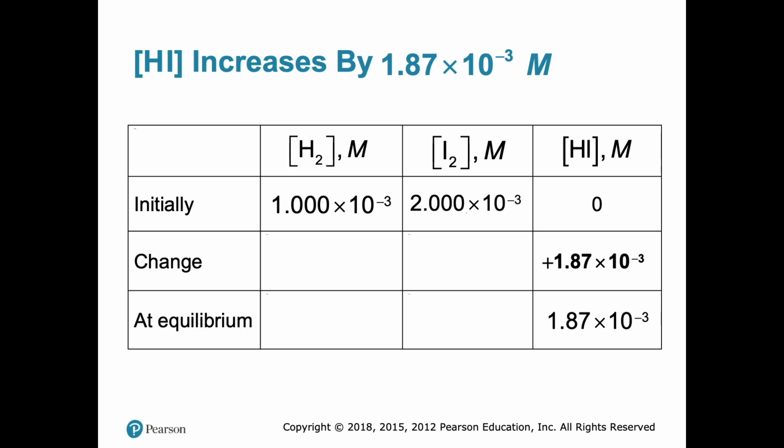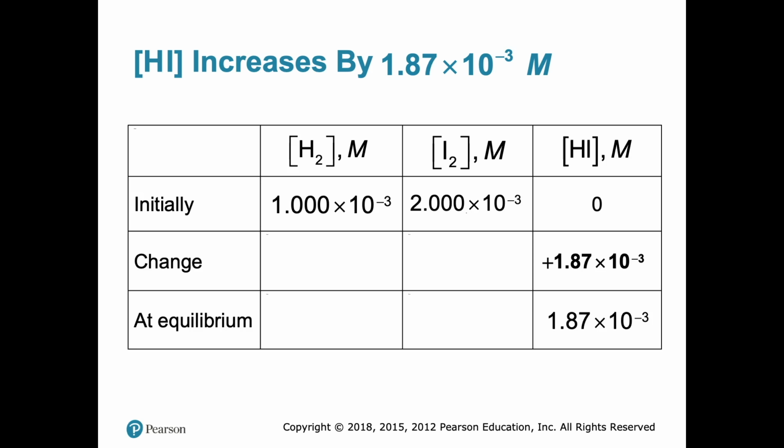So the change, from 0 to this, is that same number. So the change is plus 1.87 times 10 to the negative 3, because you're getting more of it, and that's why it's plus.